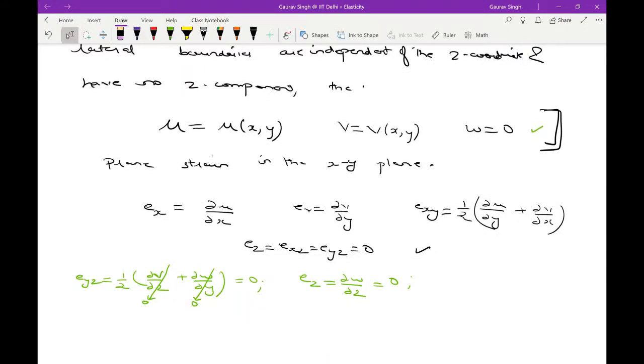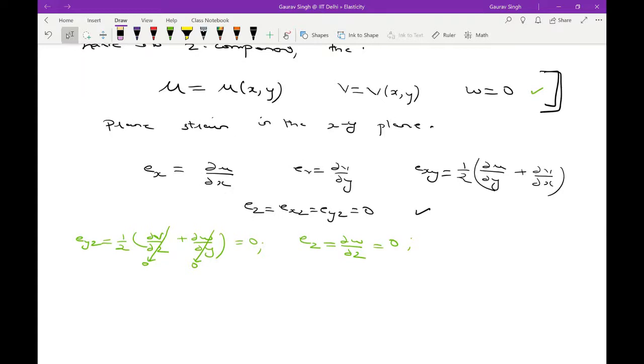Now we want to use Hooke's law to write what the values of stress would be in such a situation.